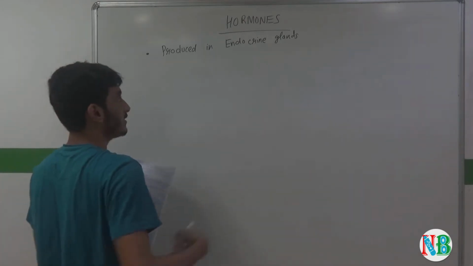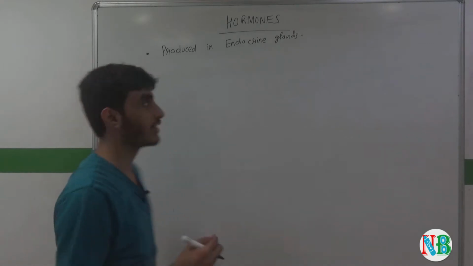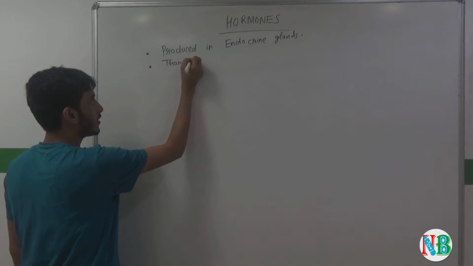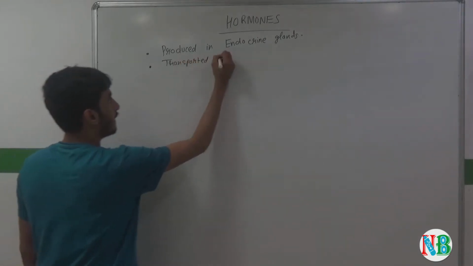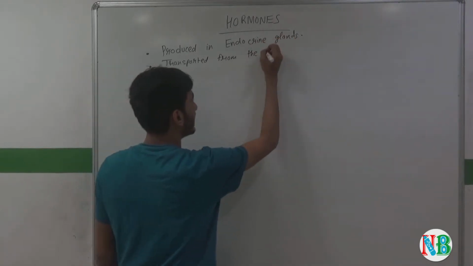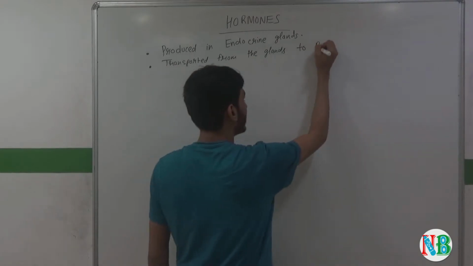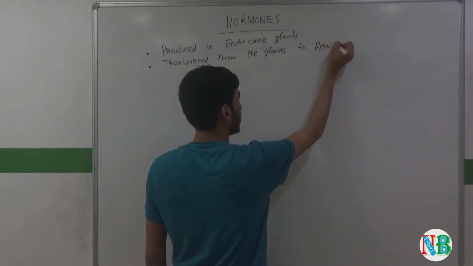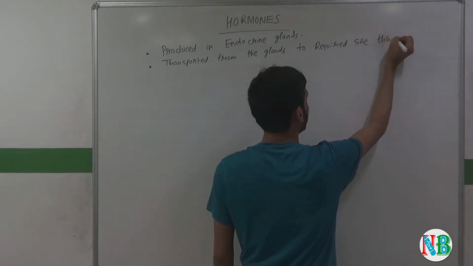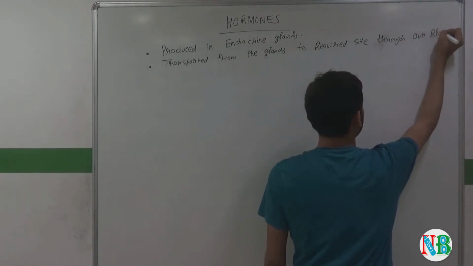They are formed in the glands and transported from the source, the glands, to the required site through our bloodstream.